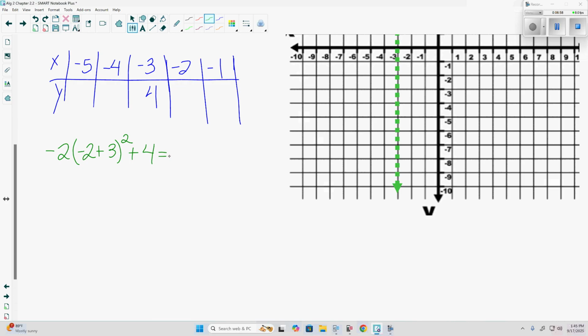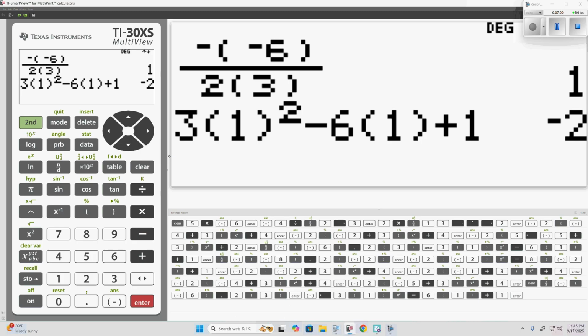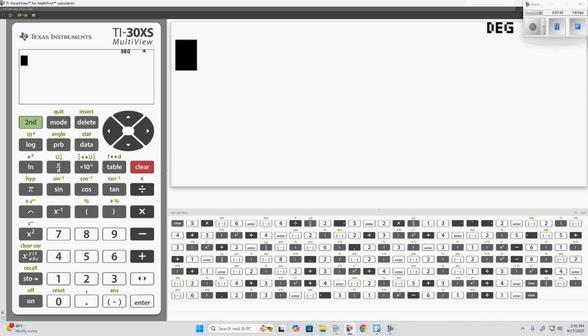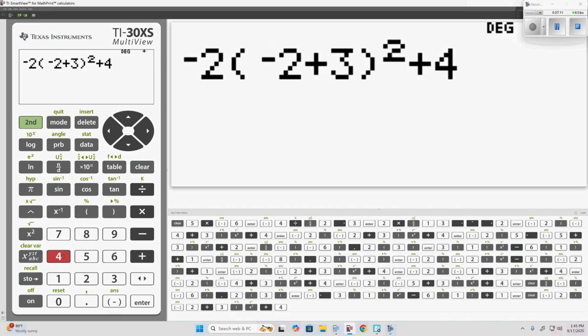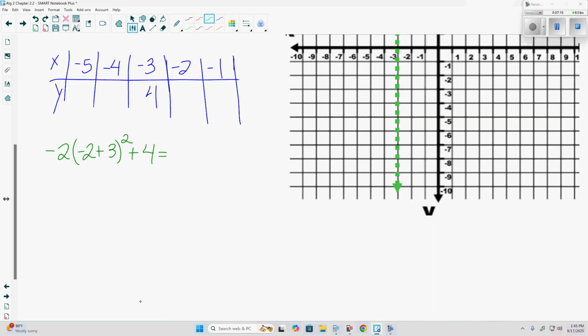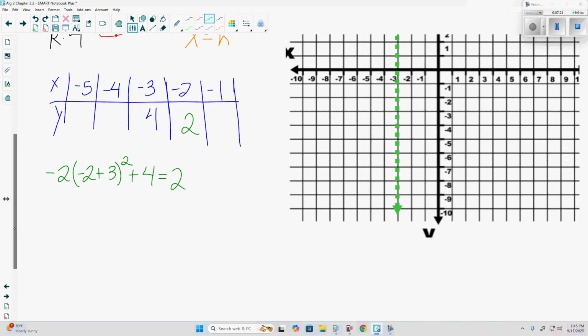Now at this point here, we can use the calculator to plug this in for us. So -2 parentheses, -2 plus 3 squared plus 4 is 2. So it tells us the corresponding y value when x is -2 is 2.